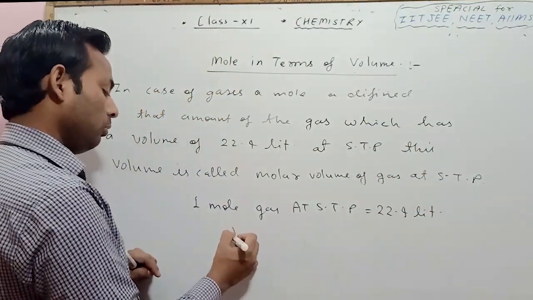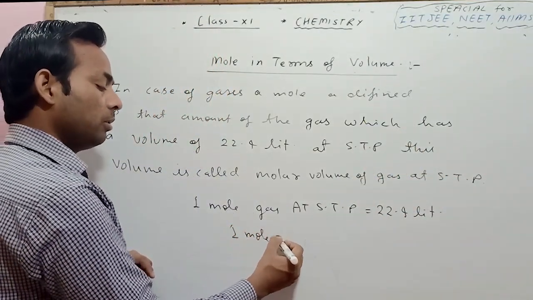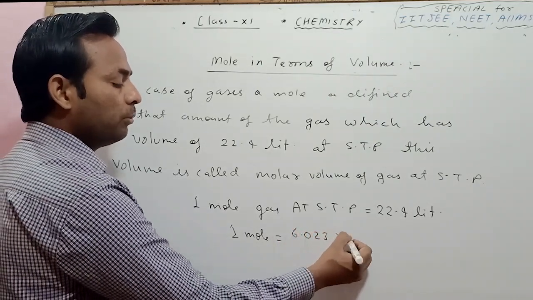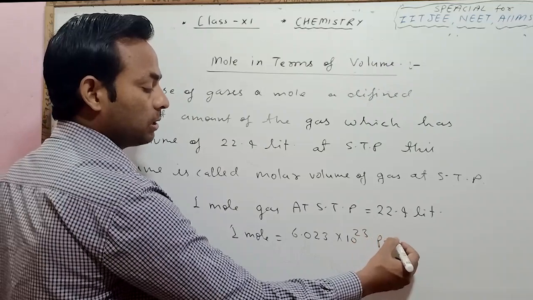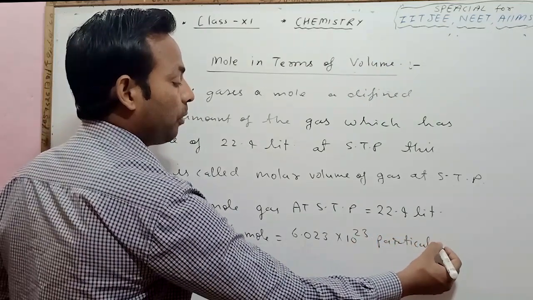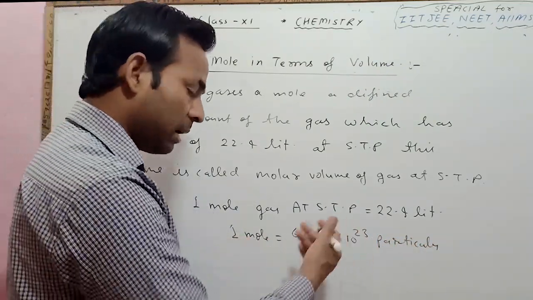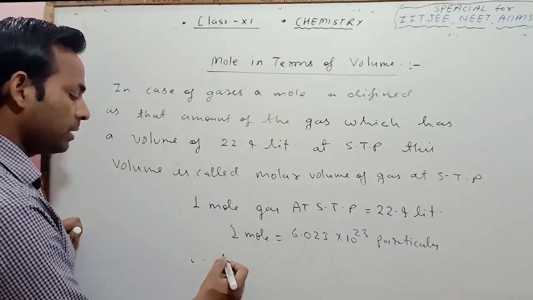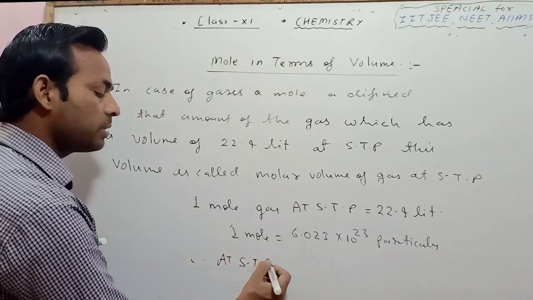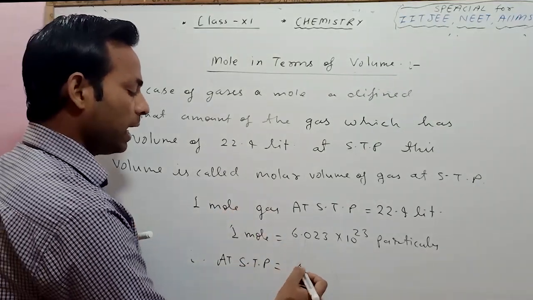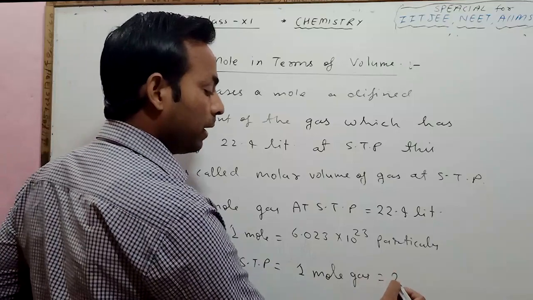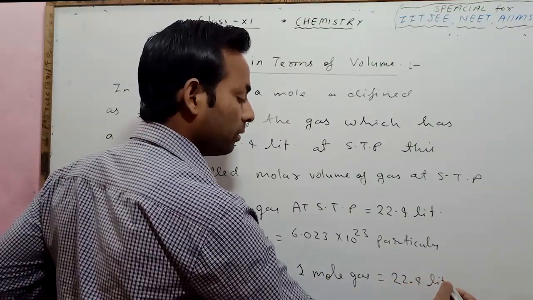I also know 1 mole equals 6.023 into 10 to power 23 particles. Particles means here, as it is a gas, gas molecules. So at STP, 1 mole gas equals 22.4 liter.